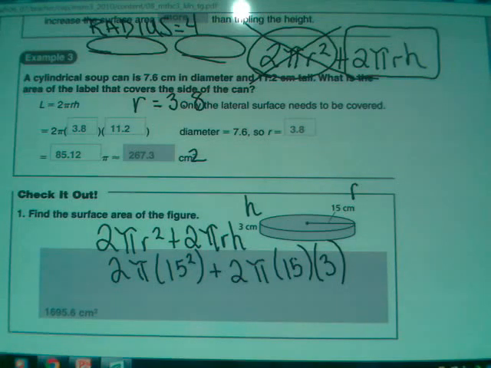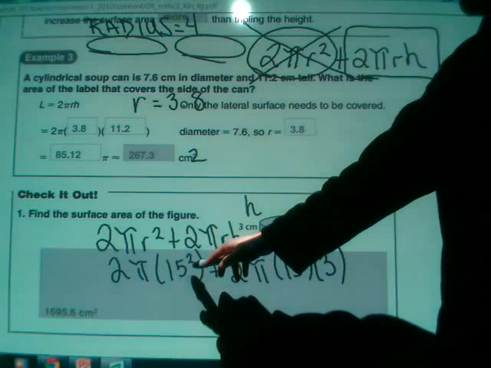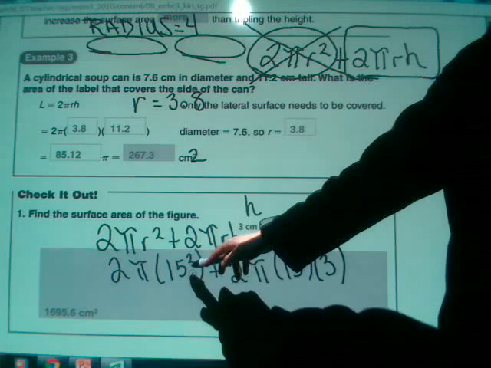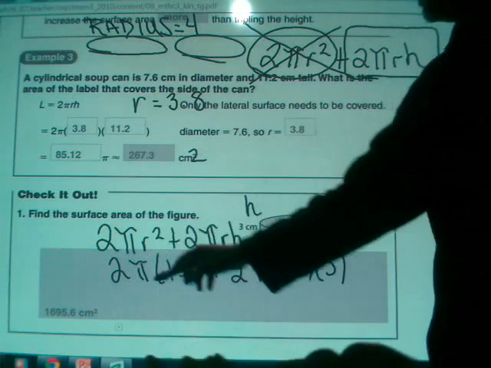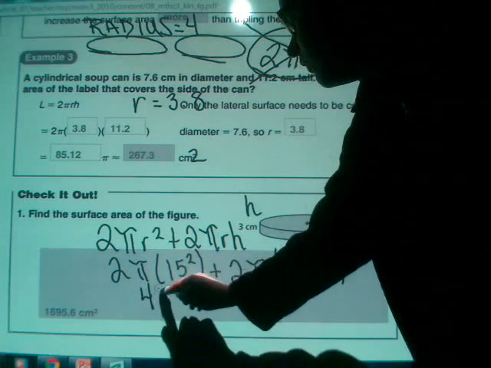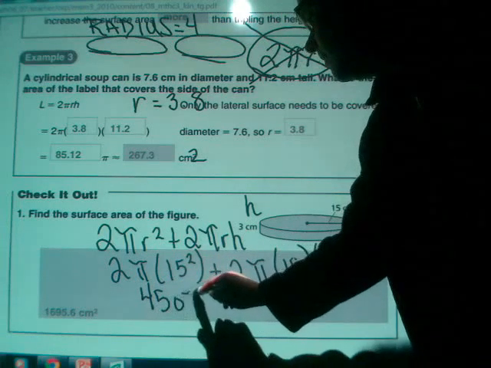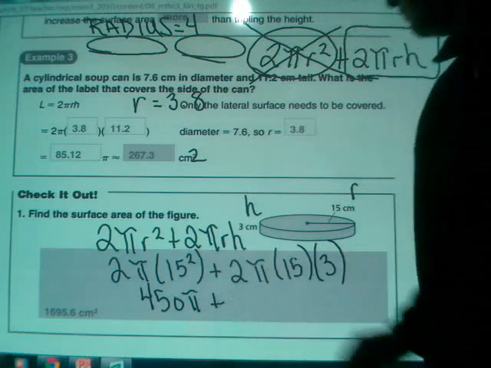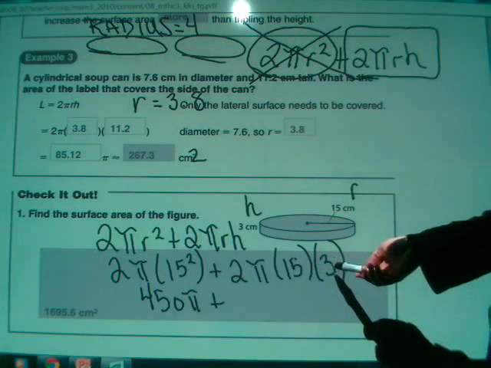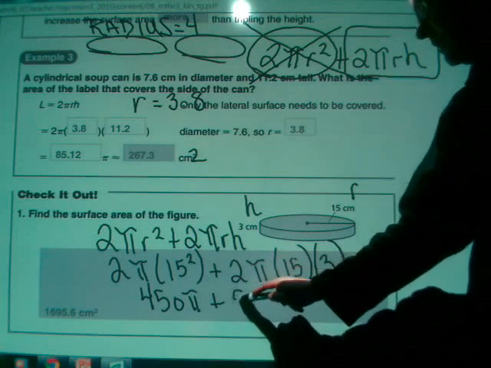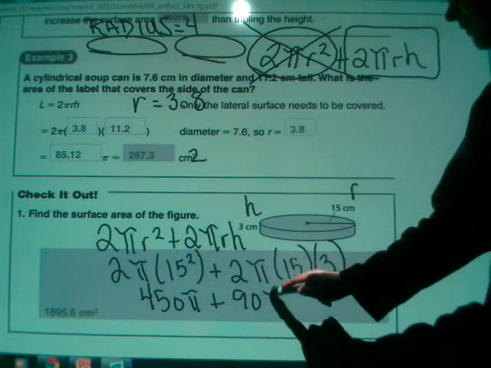All right, so we'll use the order of operations to solve here. That would be essential. 15 squared, 15 times 15 is 225. And then times the 2 in front, that's going to be 450, so 450 pi. And then over here, 15 times 3 is 45, times 2 is 90, so that's 90 pi.